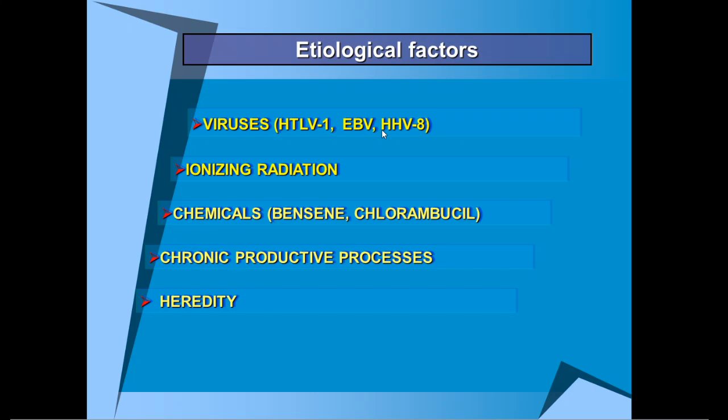Next one, chemicals, the same situation as with carcinomas and some sarcomas, but classically, more commonly, carcinomas. Chronic productive processes could also lead to lymphomas and leukemias. And obviously, as in most diseases, we have heredity.